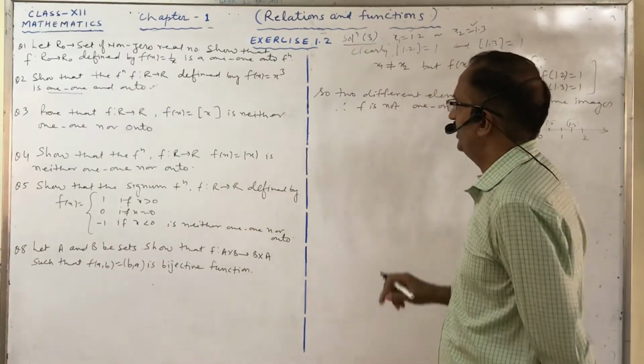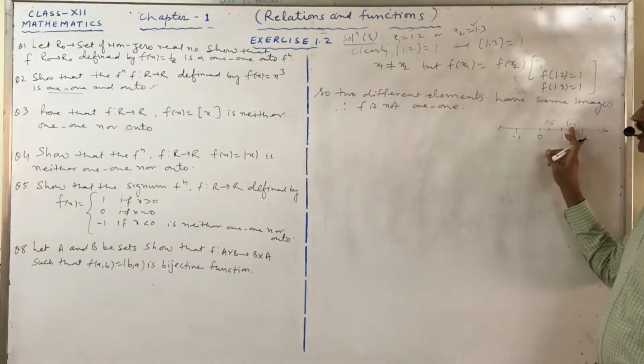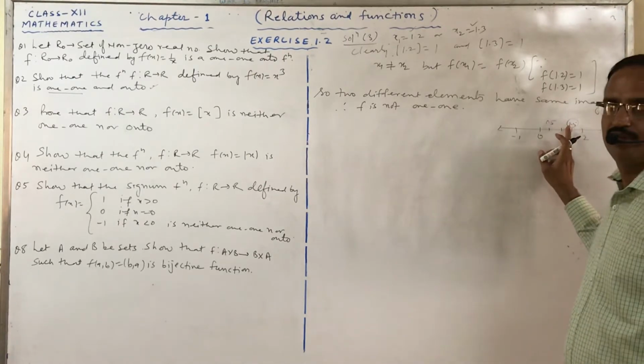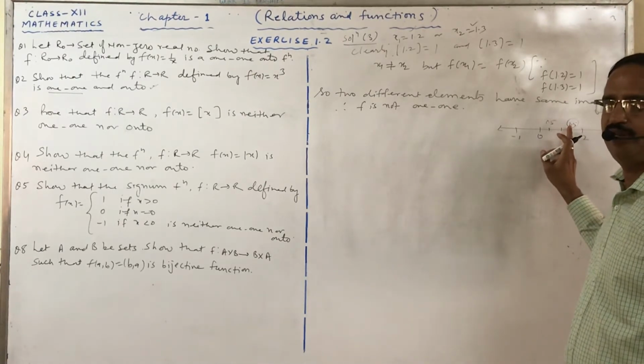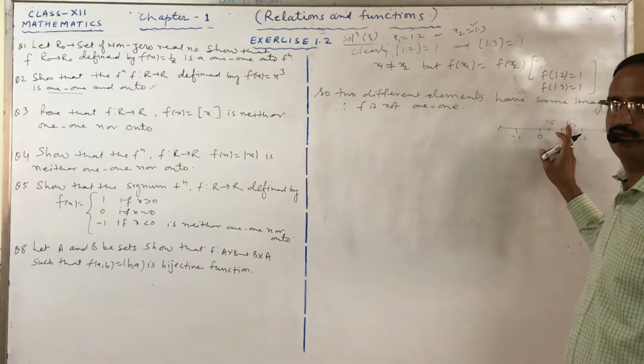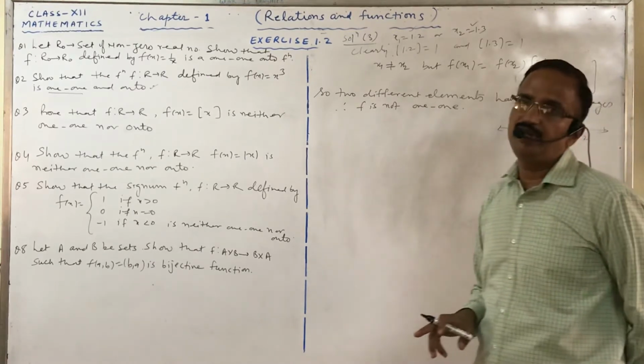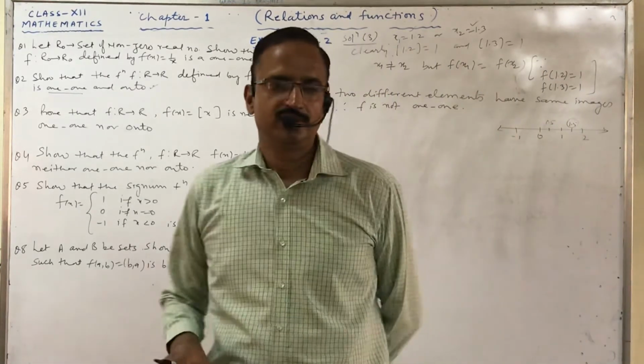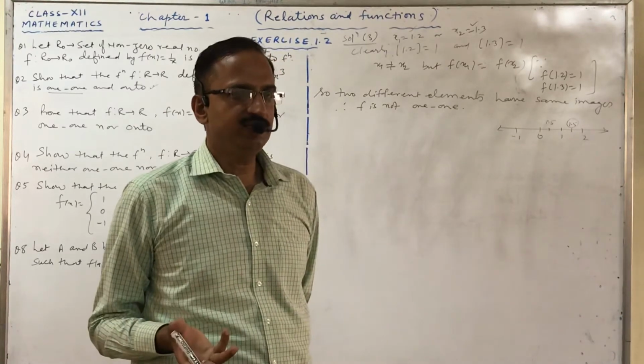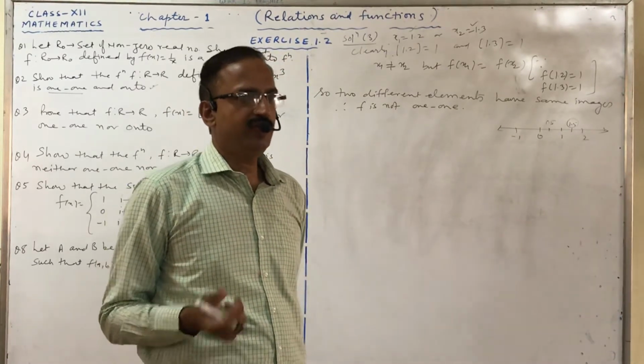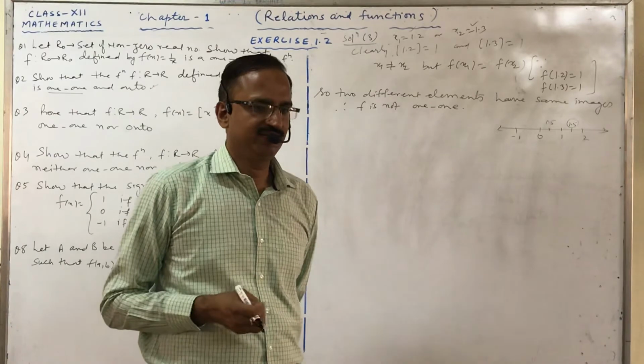Or we can say that this does not have any pre-image. This is not an image, so this does not have any pre-image. When this has no pre-image, it means it is not an onto function.